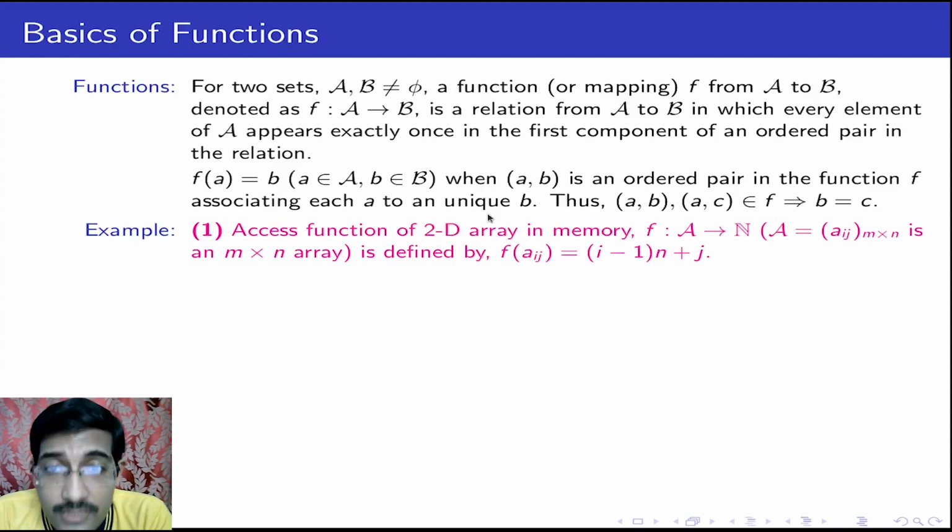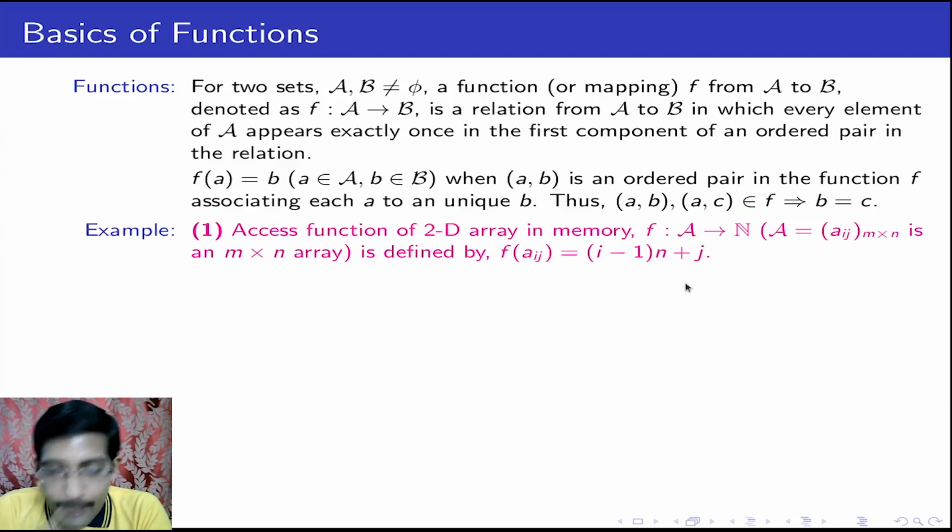Since memory is one-dimensional, it is stored in row-major fashion, which means that you first store the n column elements of the first row, followed by the next n elements from the second row, followed by the next n elements from the third row. In this way, you store all the elements of a two-dimensional array.